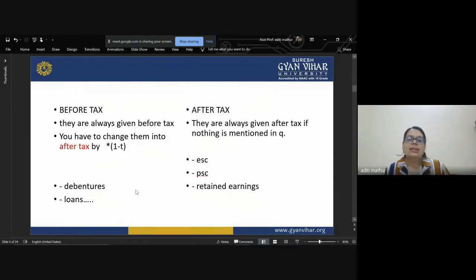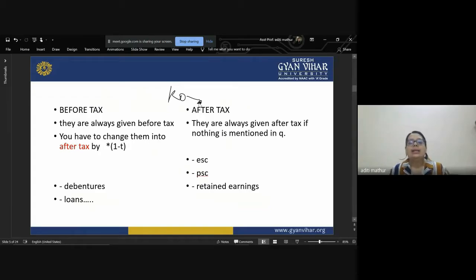So now let us discuss a few important points before we begin with our lecture. Before tax and after tax are the two elements which we have to always take into consideration. Always remember that we need to calculate the cost of capital after tax only, right?